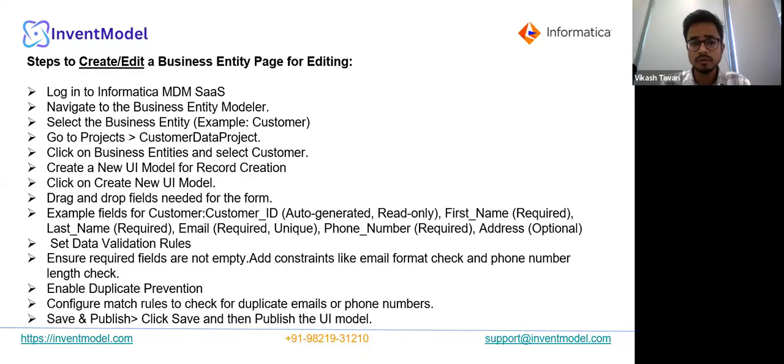I have already told you why validations are important. Ensure required fields are not empty, meaning the email can't be empty and the first name cannot be empty. You can add validation there. You can also add constraints, like how many lines are required. For duplicate prevention, you can choose all the required things according to your project.